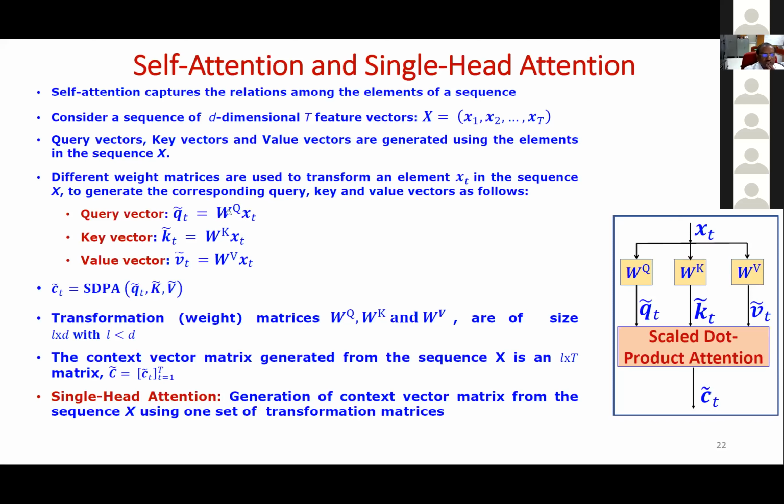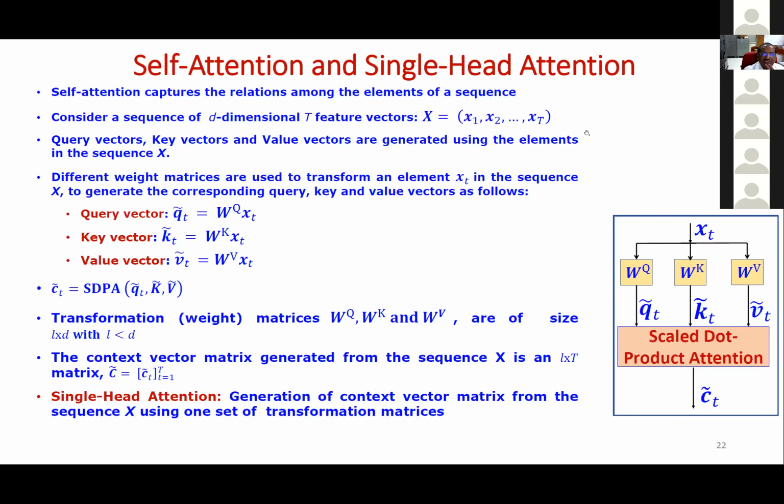And WQ is associated with the generation of the Q vectors. Similarly, there is a parameter matrix WK to generate the key vectors, and another WV matrix to generate the value vectors. But the query vector, key vector, and the value vectors are all generated from the Xt itself, and we'll be doing the scaled dot product attention on these query, key, and value vectors, which are generated from the elements of the sequence.